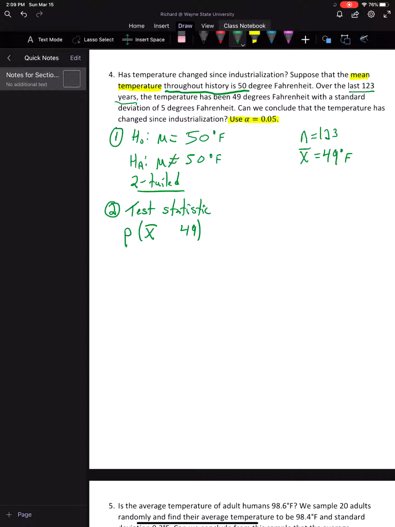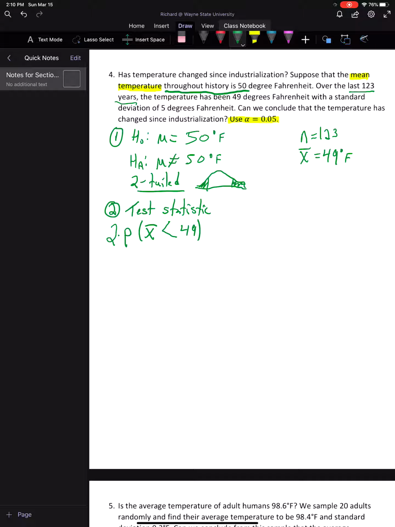Well, the clue is in what I told you before, is that this is a two-tailed test, right? So if I were to draw that normal distribution, we're looking at the area in the tails. And since we're dealing with area in the tails, and we know that the distribution is symmetric, what this tells me is that I can take x bar to be less than 49, and if we have to multiply it by 2.